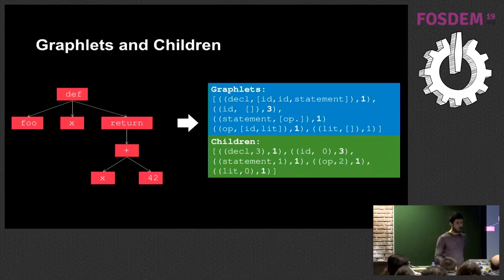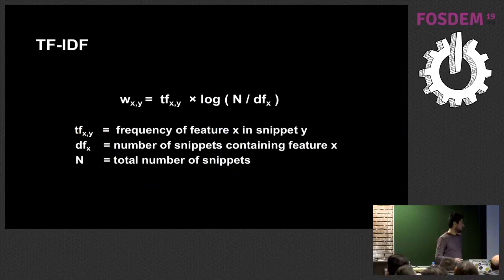So to go back, now, yeah. As you can imagine, extracting these features from snippets of code yields a lot of features. So in order to reduce that, we used an NLP technique called term frequency inverse document frequency, which basically amounts to calculating a weight for each feature and then thresholding in order to reduce the number of features.